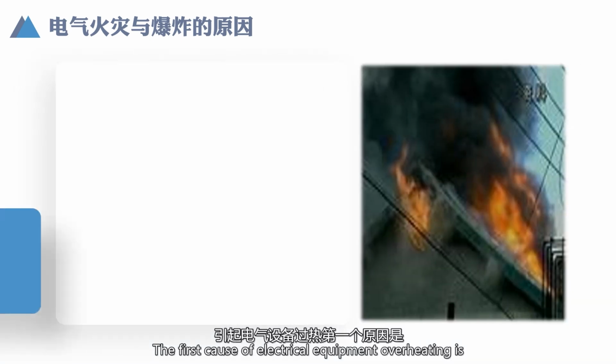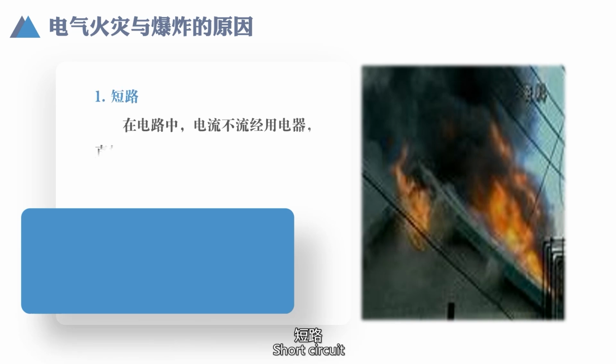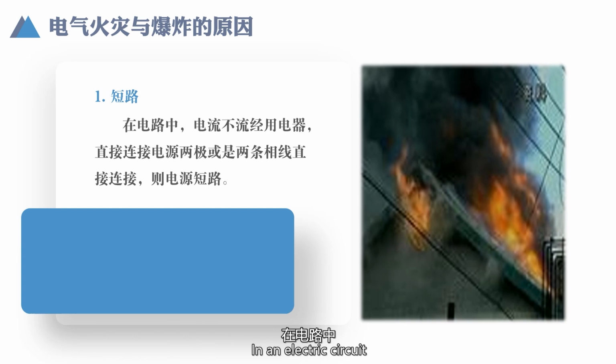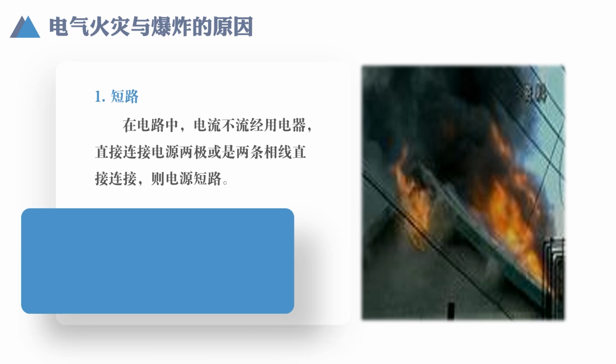The first cause of electrical equipment overheating is short circuit. In an electrical circuit, current does not flow through the appliance directly connected to the poles of the power supply, or two-phase wires are directly connected. Then the power supply is short-circuited.